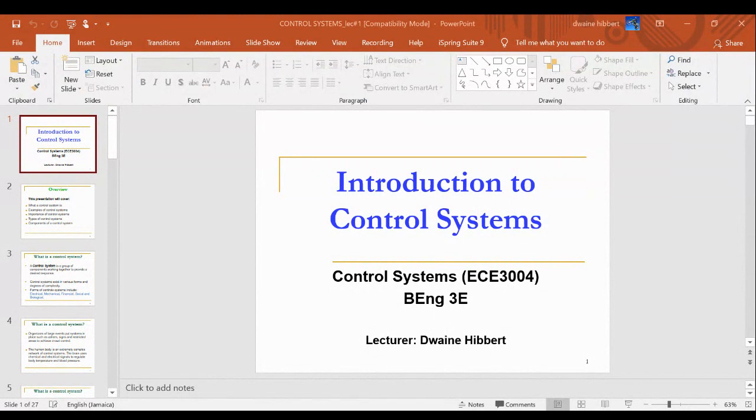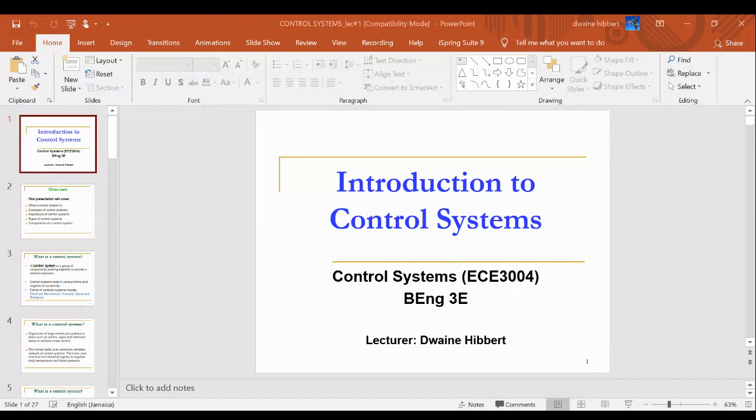It's a little bit different from the previous Blackboard. All right, I'm going to go right to the file and share it from there. So in this presentation, I'll be covering what a control system is. I'll be looking at some examples of control systems. We'll look at the importance of control systems, types of control systems, and the components of a control system.